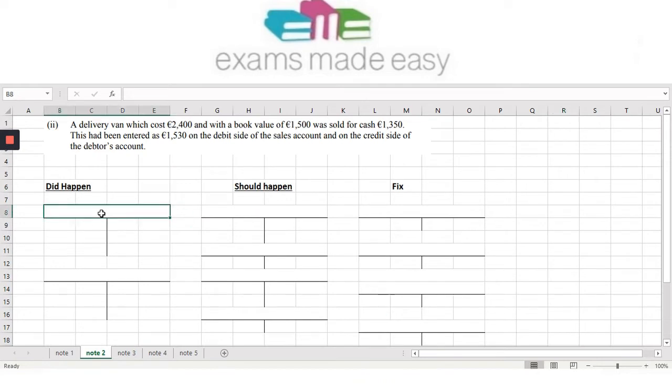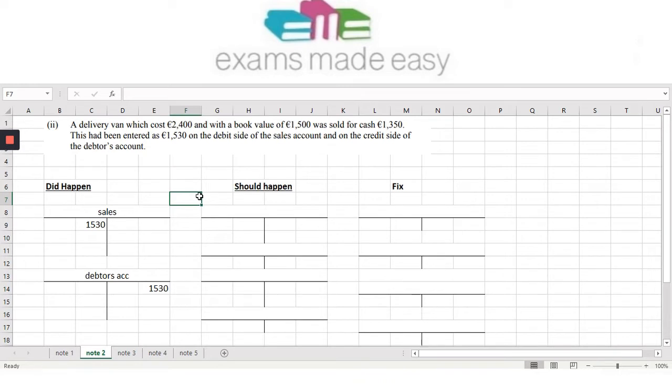It's quite easy this time. So debit side of sales account. So sales account had been debited 1,530, and the debtors account had been credited 1,530. So that's what did happen.